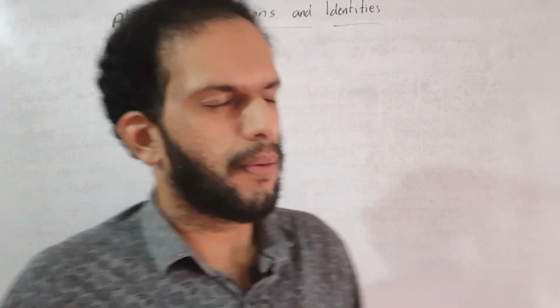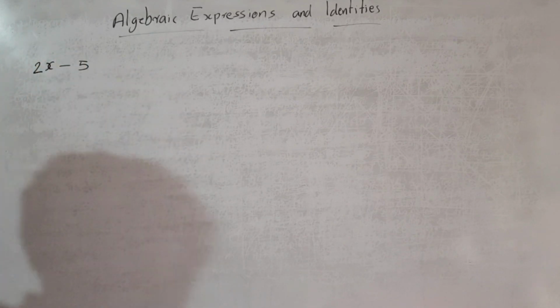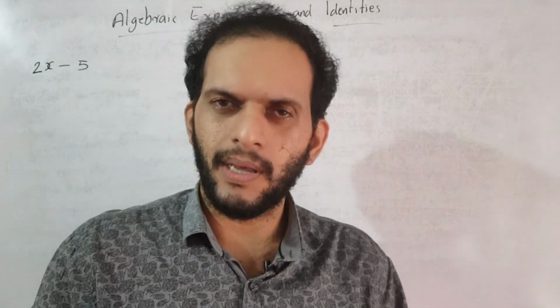For example, 2x minus 5 is an algebraic expression.